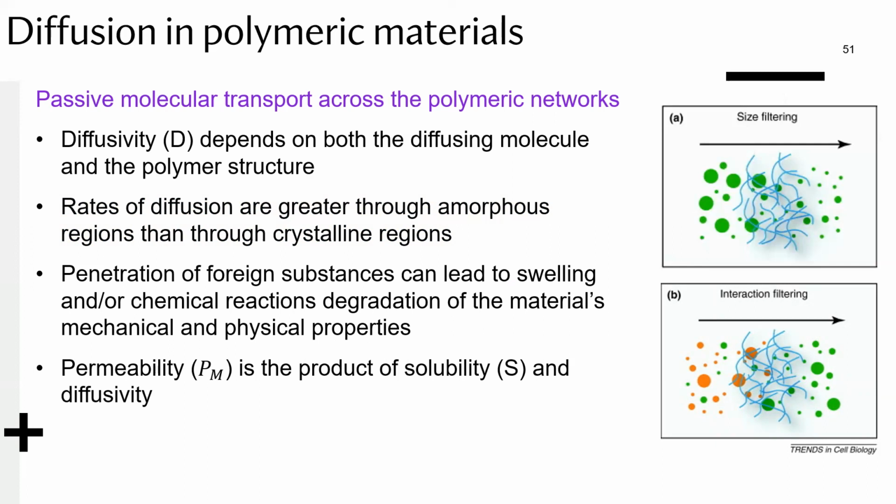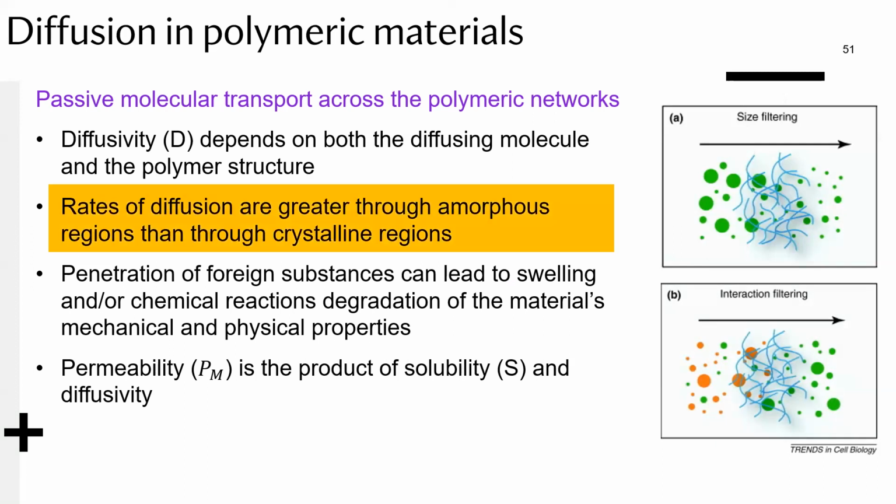Now, this is the first piece of information that's really important. When it comes to polymers, diffusion happens more in the amorphous region, or in other words, the diffusivity or the rate of diffusion, the amount of flux that you get, is greater through the amorphous regions than the crystalline region. Now, why is that?